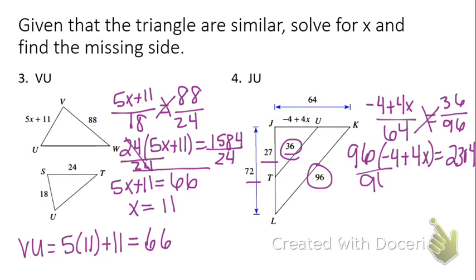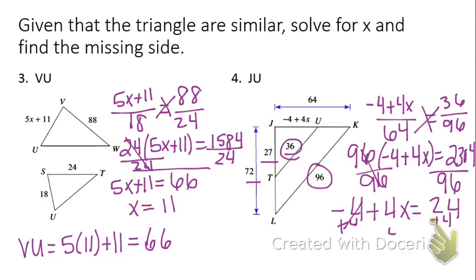Again, easiest thing to do is divide by that 96. You can also distribute it and you'll get the same answer. Your numbers will just be a little bit bigger, but you'll still be getting the same thing. So when we divide, we get 24. Again, I know you guys know how to solve it, so add your 4. So 4x equals 28.